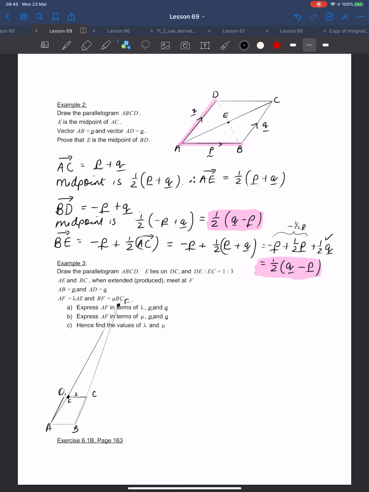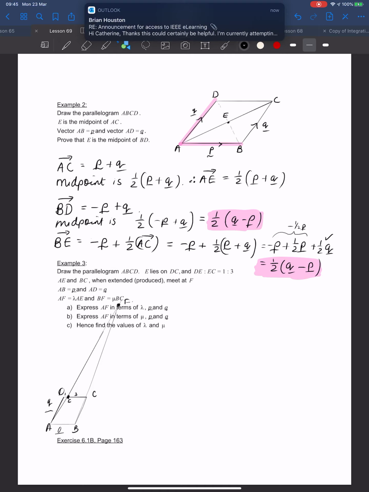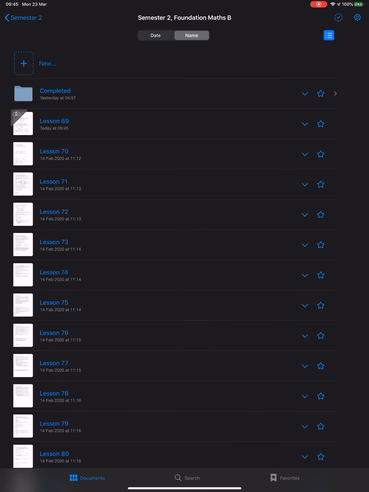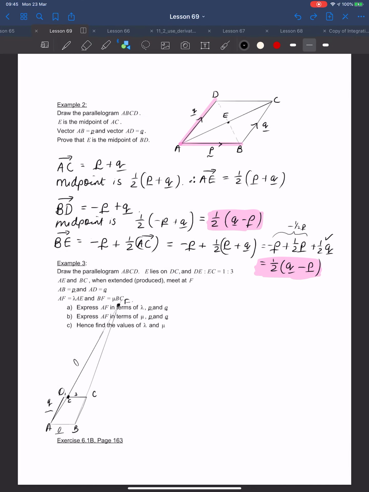A to B is P. A to D is Q. A to F is lambda A to E. Oh, let's go back again. Sorry about that.